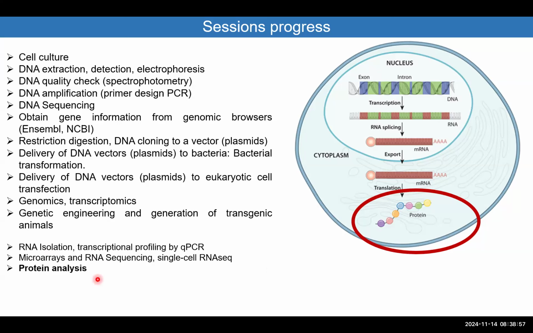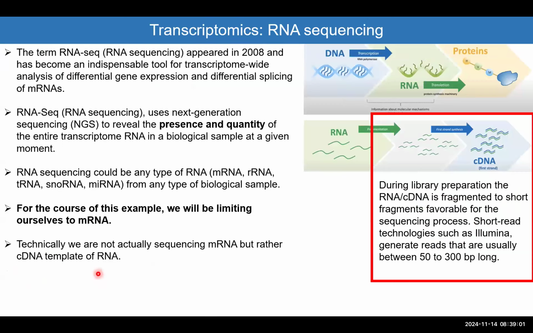So from this lecture on, we will move to the protein analysis. Just to remind you, we discussed how we generate the total amount of RNA. We isolate this from cells, and then we generate a library. This library can be fragmented at the level of RNA or cDNA, and then we have short fragments of the RNA that we can sequence.